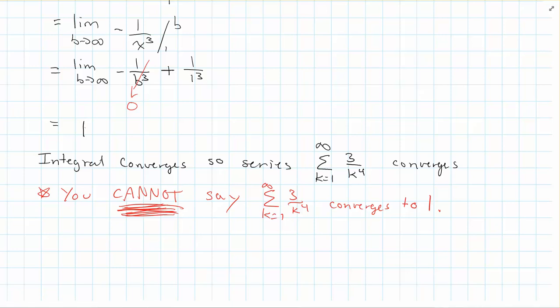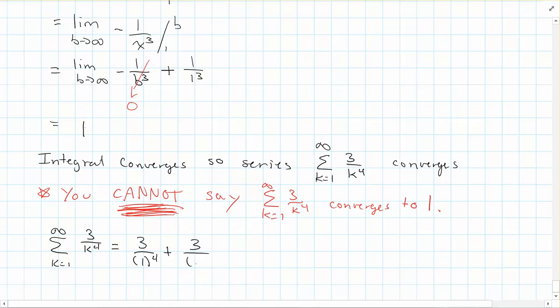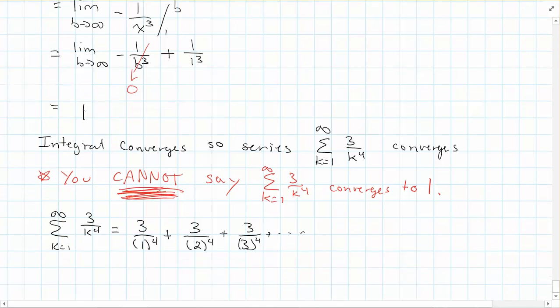And if we think about this for a second, it shouldn't take us too long to convince ourselves that this doesn't even make sense, because let's just write some terms down. You have the sum from k equals 1 to infinity of 3 over k to the 4th, which if you were to write this out, this would be 3 over 1 to the 4th plus 3 over 2 to the 4th plus 3 over 3 to the 4th, and so on.